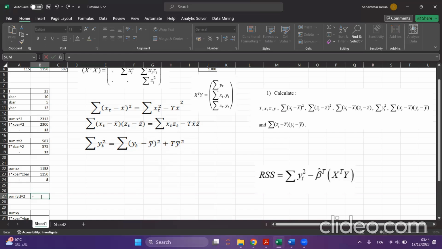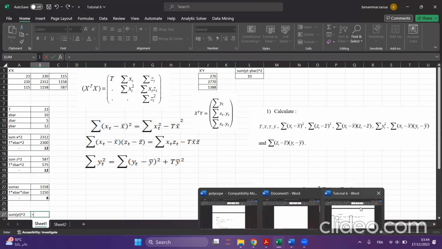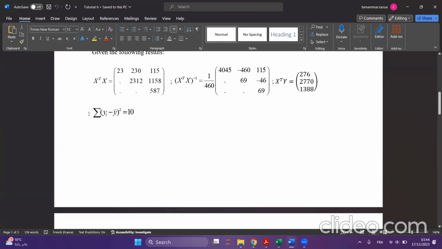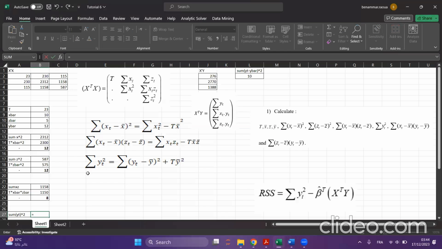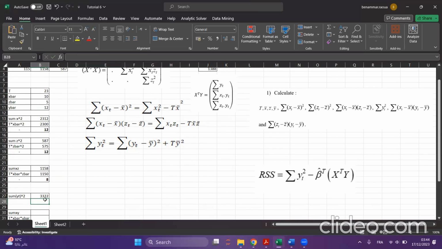Let me show you the total sum of squares. It's given here. So it's 10 plus T times y bar squared. So it's 3,322.